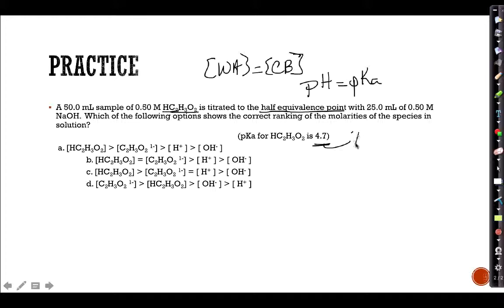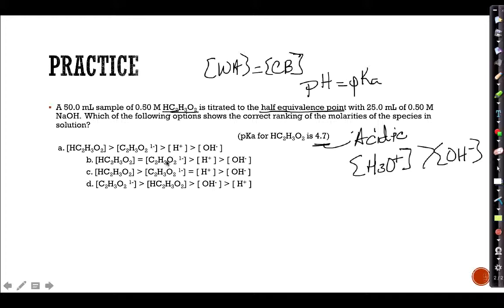So that means that I have an acidic solution, which means that the concentration of my hydronium is greater than the concentration of my hydroxide. Based on that, my weak acid should be equal to the conjugate base, and this one it is.